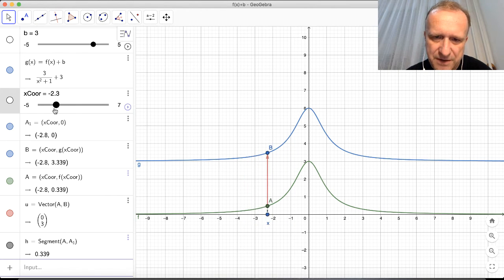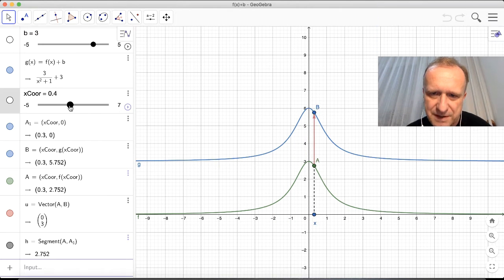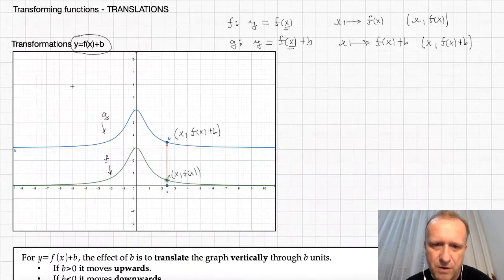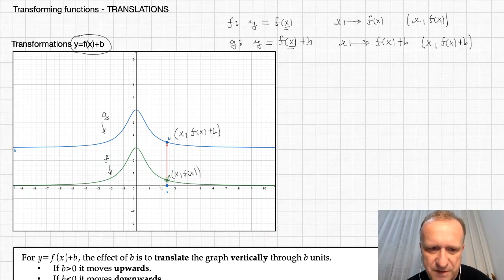which always has the same length. And the length of this red arrow is nothing else than the value of b, because this is what we added to the function value of the original function to obtain the function value of the new function. So this has the length of b when b is positive, and the modulus of b if b is negative, of course.